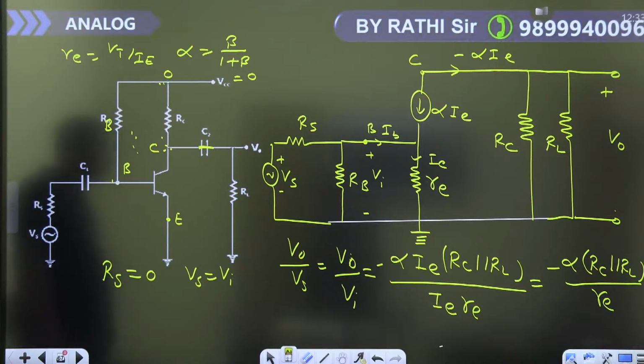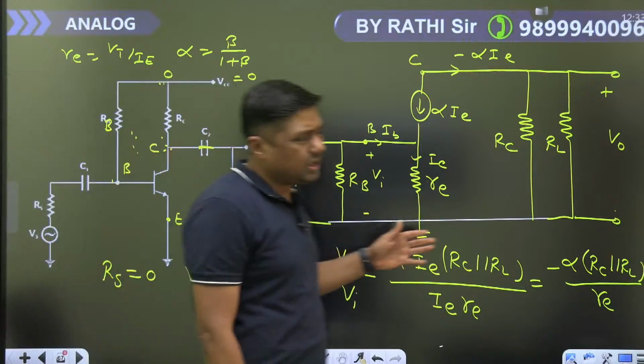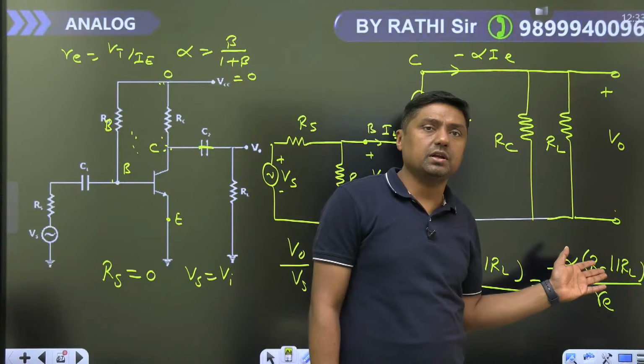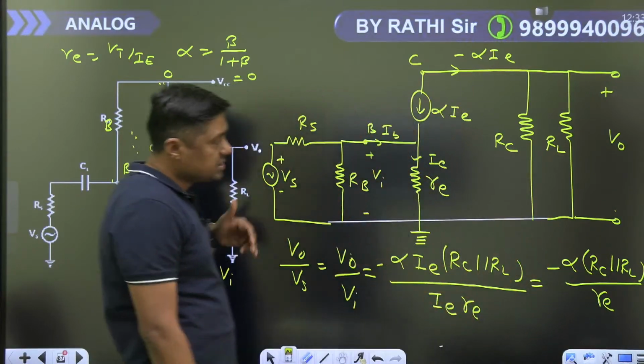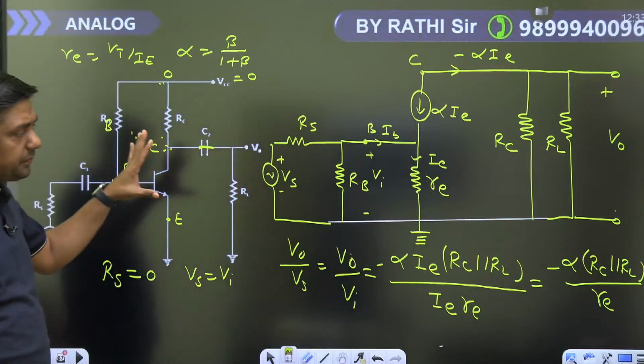But if the RS is not 0, then how can we find it? Okay. Now, that is a very, very important question. If the RS is 0, that is the answer. So in 99% of cases, that will be the answer in the GATE exam. But if the RS is not 0, then the same model, everything will remain same.